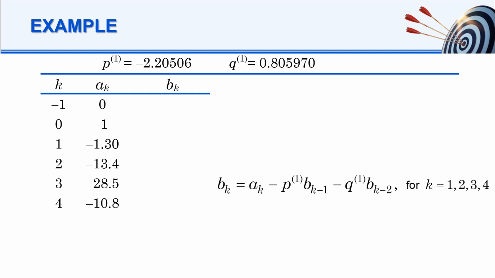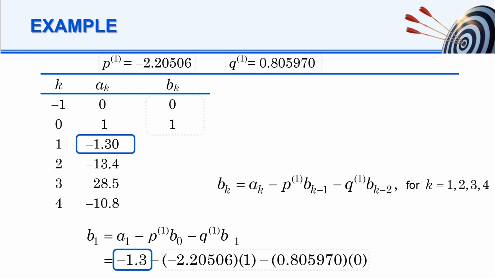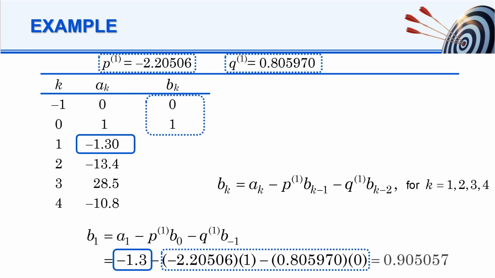The elements of array B are obtained using the following recurrence relationship. Along with p and q, b1 uses a1, b0, and b sub minus 1, which yields 0.905057.